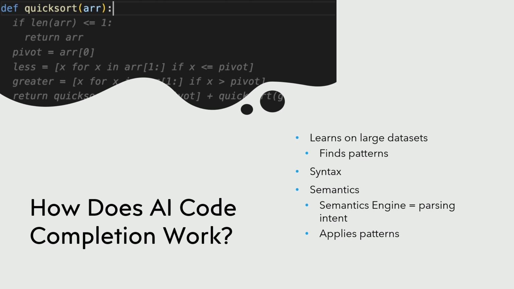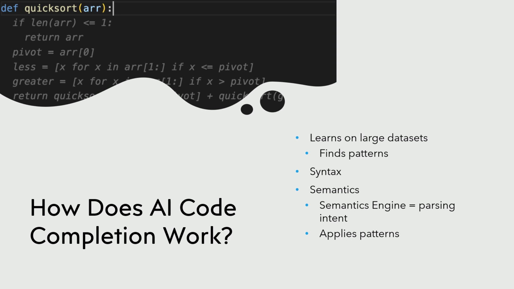So they're looking at syntax and semantics. Again, like in a context-free grammar, the syntax is trying to figure out, okay, how do these things fit together? And then the semantics is trying to parse the meaning of the program in completion. Typically, these AI code completion algorithms have a semantics engine.